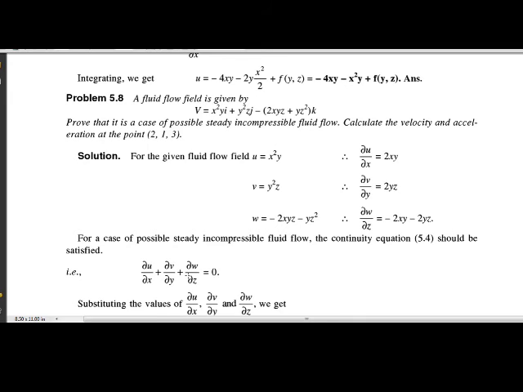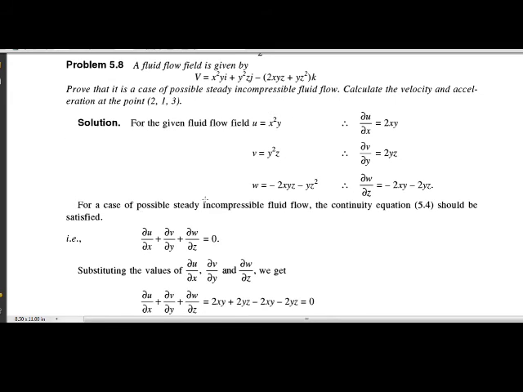As we know, the continuity equation for incompressible fluid flow is ∂u/∂x + ∂v/∂y + ∂w/∂z = 0. We have to differentiate these terms with respect to x, y and z.